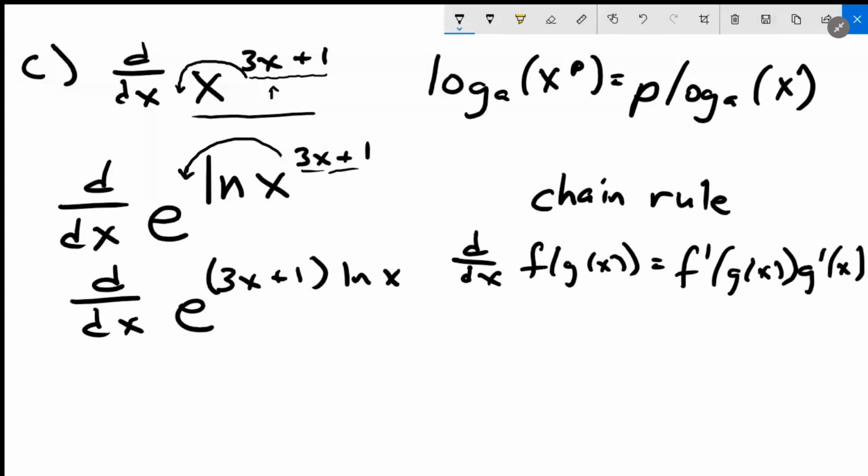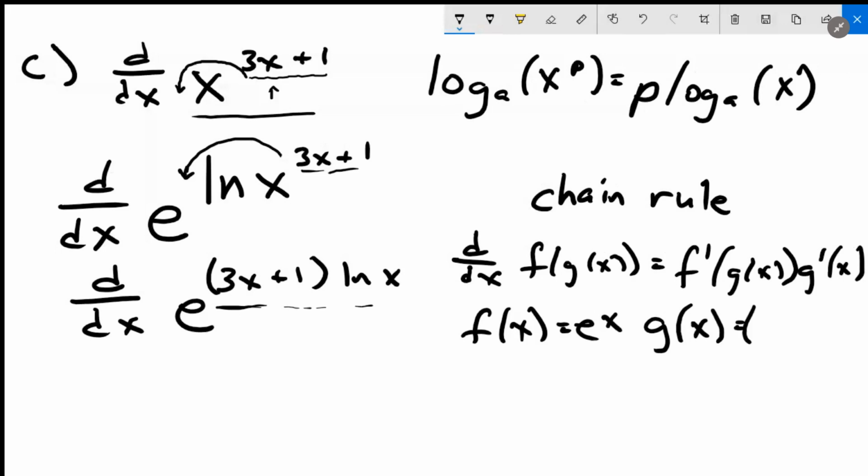And in this case, f of x equals e to the x, and g of x is just the exponent here, 3x plus 1 times ln x, right?